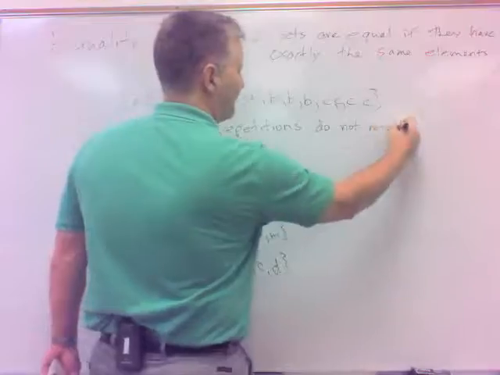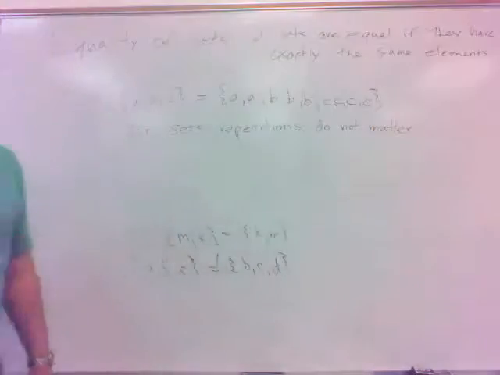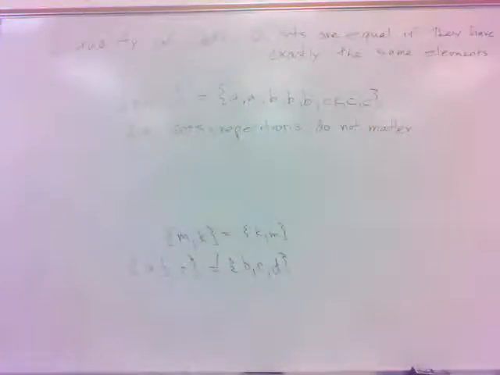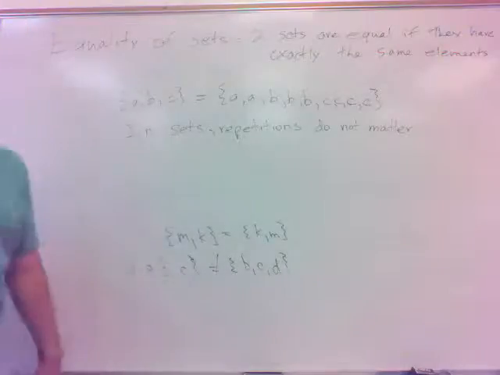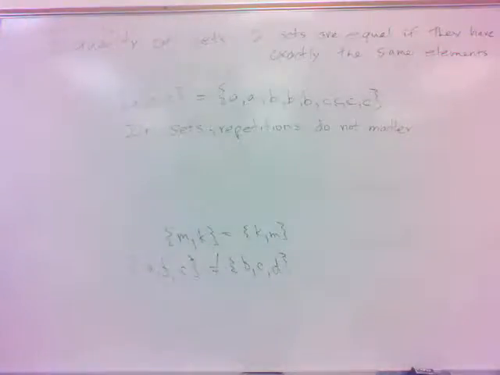Or another way to put it, you're wasting your energy or your pencil lead or your ink by writing an element more than once. Because once you have the element, duplications don't matter. Okay? Repetitions do not matter in sets. So if you've got the element once, it does you no good to write it again because it's the same set.